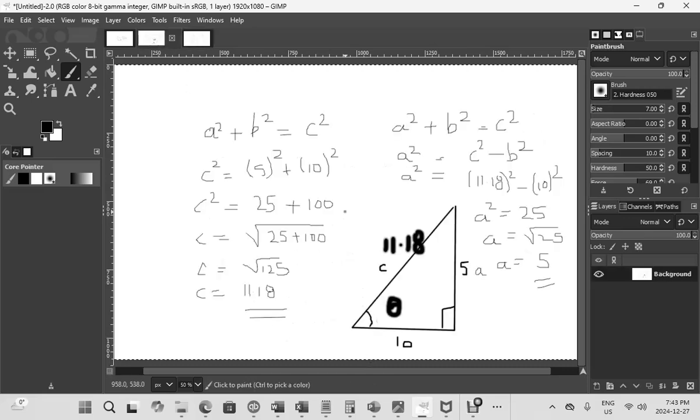Now, if you knew that this side was 5 and this was 10, and you wanted to figure out what C was, you can use your Pythagorean theorem. However, if you knew your sides were 5 and 10 and wanted to figure out what theta was, you will need to use the tan function.